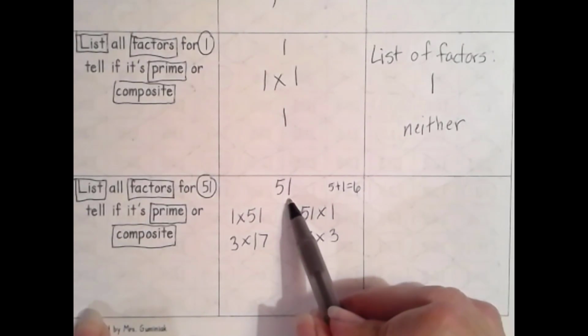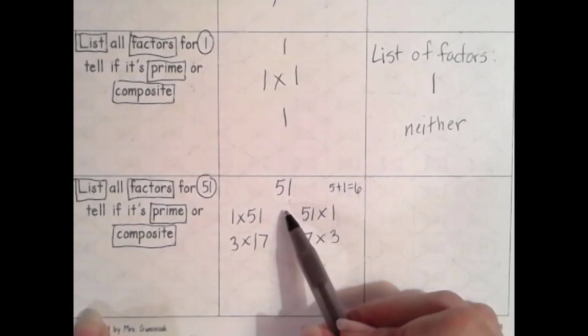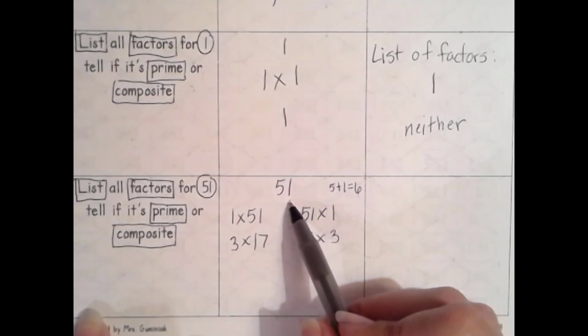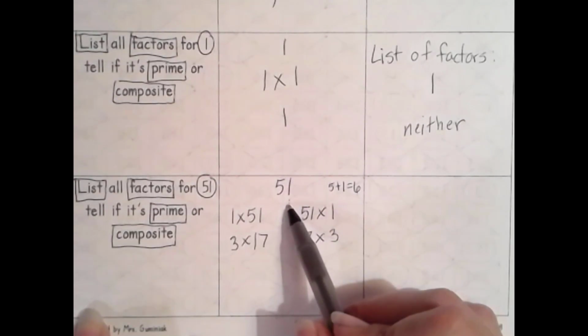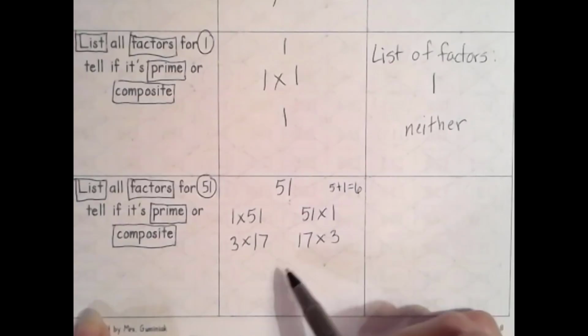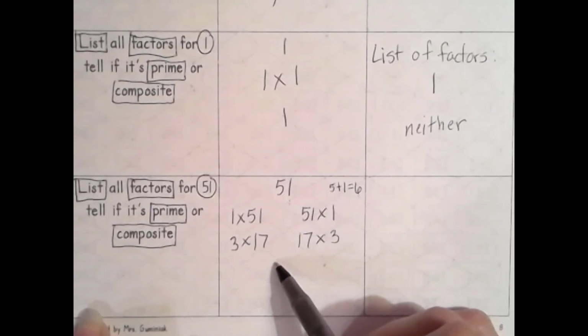We try 11. Well, 11 times 4 is 44. 11 times 5 is 55, so that's not in the list. We try 13. 13 times 5 is 65, so that's too big. Let's see. If I list my 13s, 13, 26, 39, 52. Nope, that's not in for the 13s.